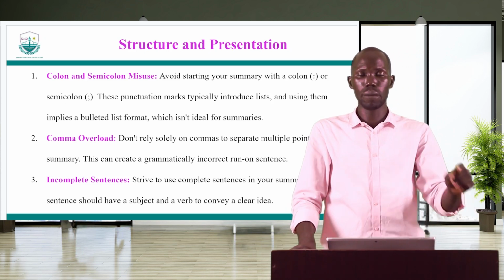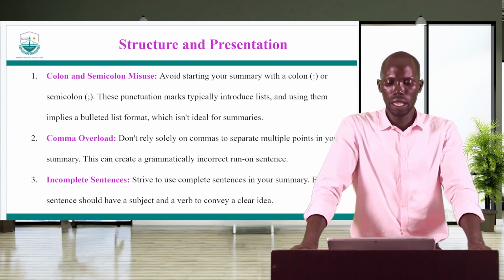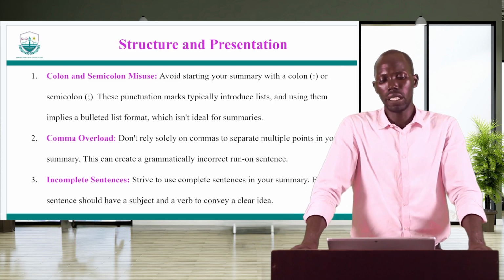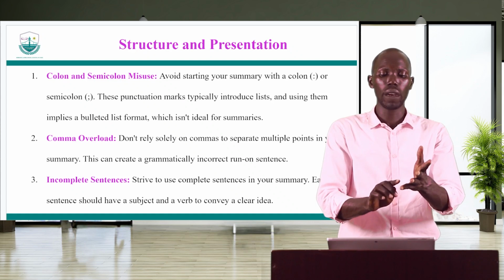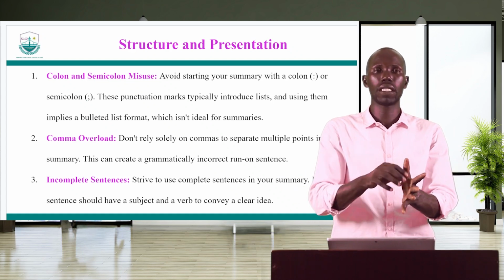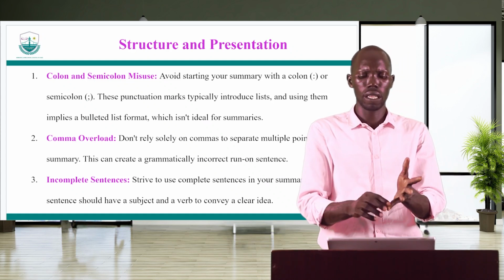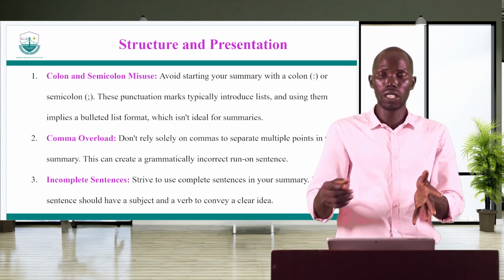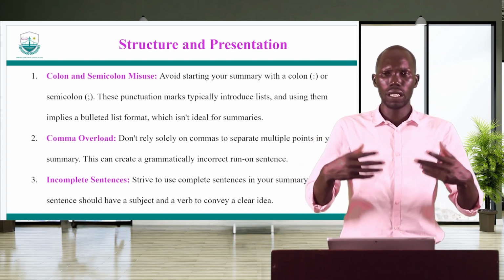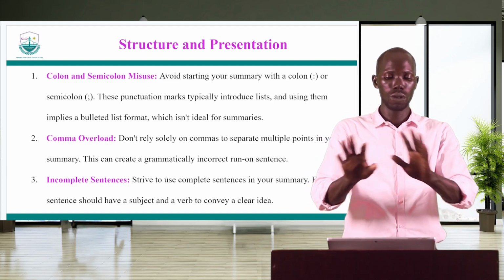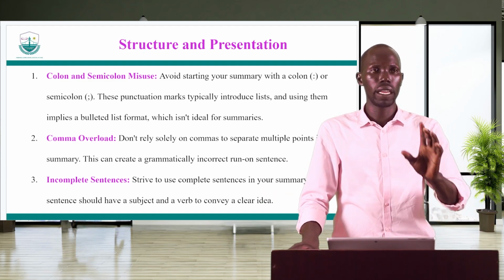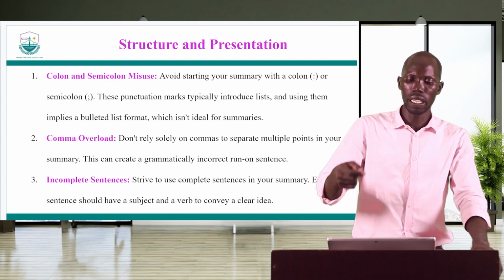These punctuation marks typically introduce lists, and using them implies a bulleted list format, which isn't ideal for summaries. So what you are required to do, instead of starting with a semicolon to introduce the list of items, is state what points the author presents. So avoid using a colon and a semicolon for starting your summary.